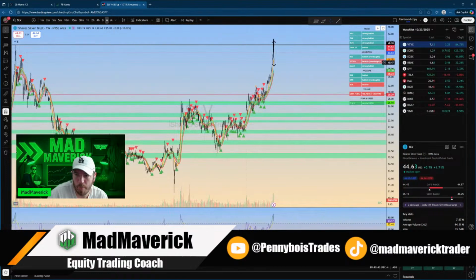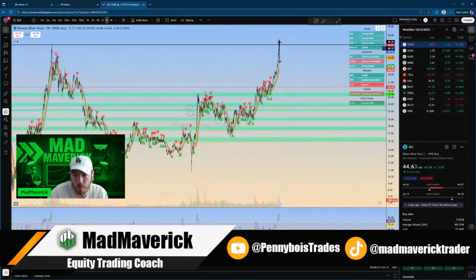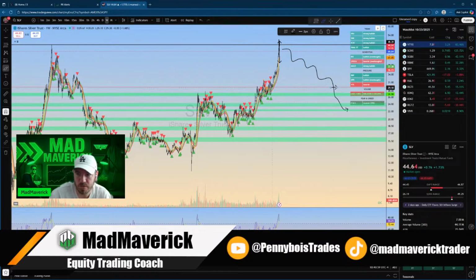So once we top out, I don't know when it will be, maybe soon, but once we top out, we have the potential of playing maybe a year out puts on this one and just trading it all the way back down, potentially playing it down to $30. That wouldn't be even a bad move for bulls to re-enter if it can hold this level here.